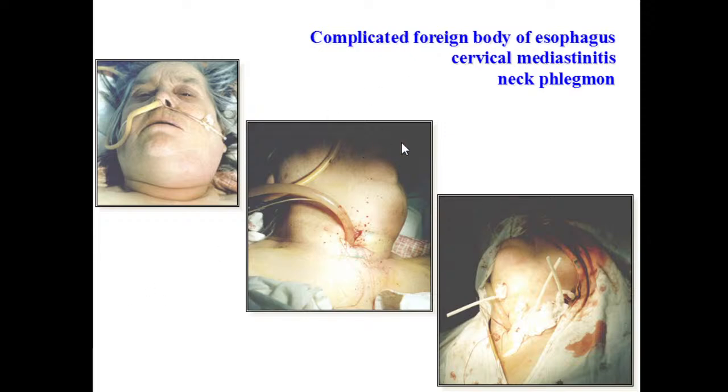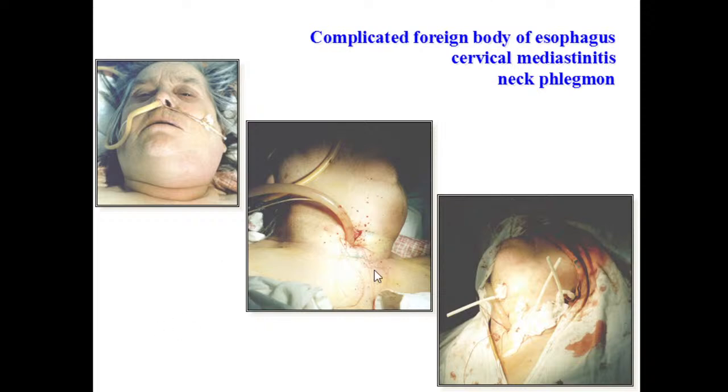And here you can see the complication of a foreign body of the esophagus. It may be a situation when a foreign body is localized in the esophagus for a long time, or not for a long time, but in a patient who has some health problems, for example, diabetes mellitus.